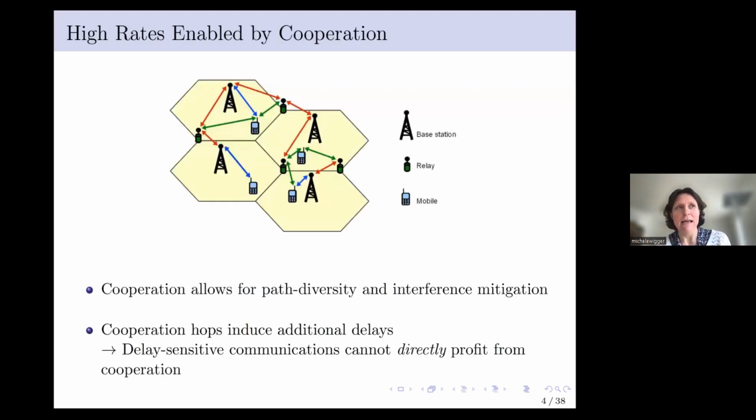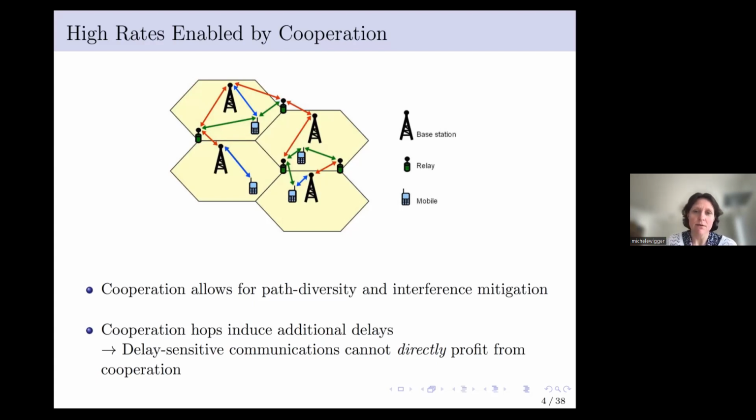Honestly, the problem is already complicated: how to transmit data streams with different delay criteria. But we added another element in our setup. We want to look at cooperative networks.